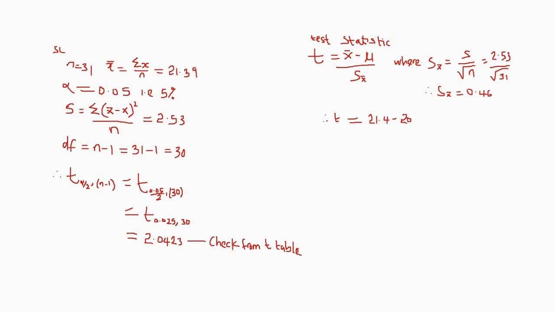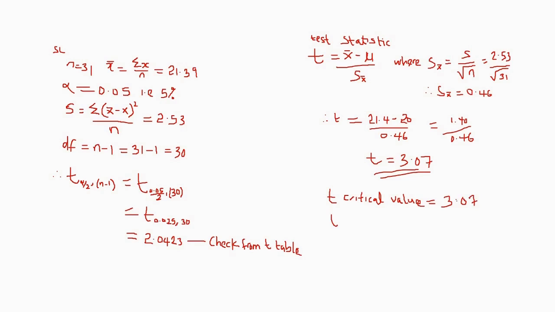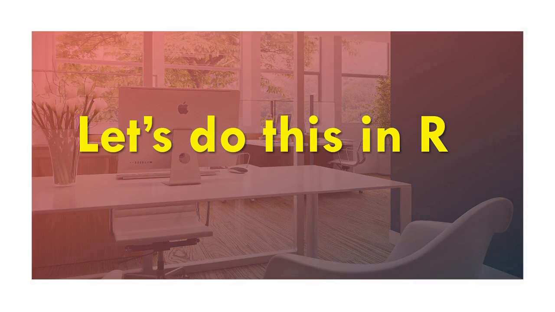Now by calculating the t statistic, it gives me 1.40 over 0.46, which is 3.07. Now this is the t calculated and the t critical gotten from the t table, and we can make a conclusion from here. Now let us do this in R.